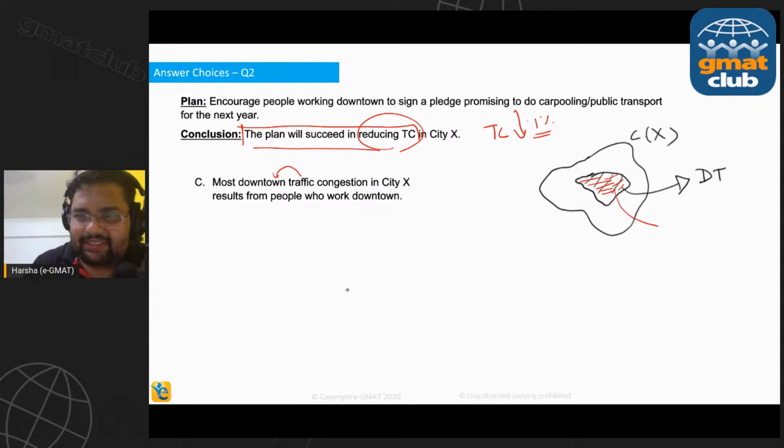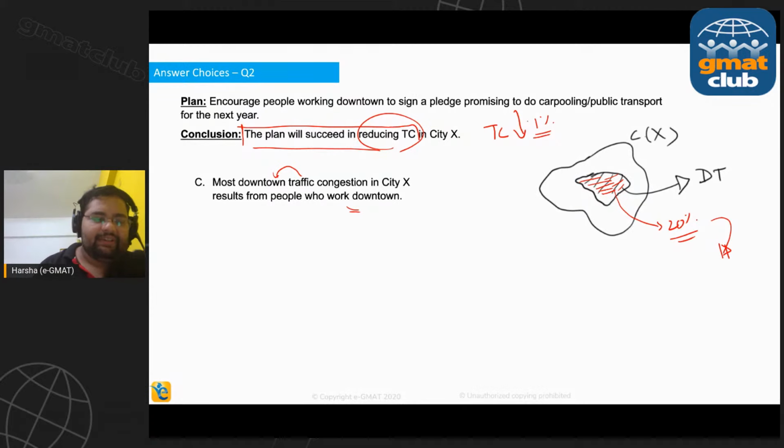Let's say there's just 20% of traffic congestion in this downtown area that is caused by people working downtown. Even in that case, just 20%, not most, of traffic congestion in this downtown area, inside city X, is being caused by people working downtown. Then if these guys sign the pledge, the plan can still work, right? Traffic congestion can still reduce.